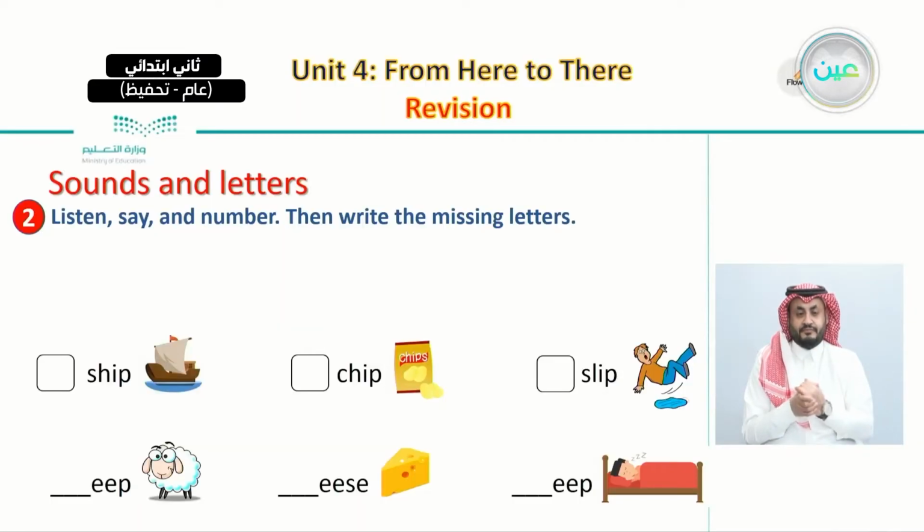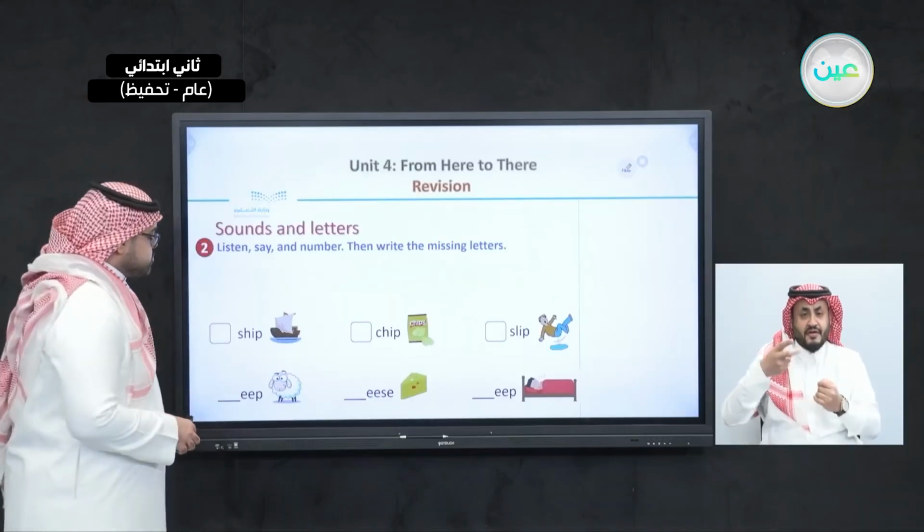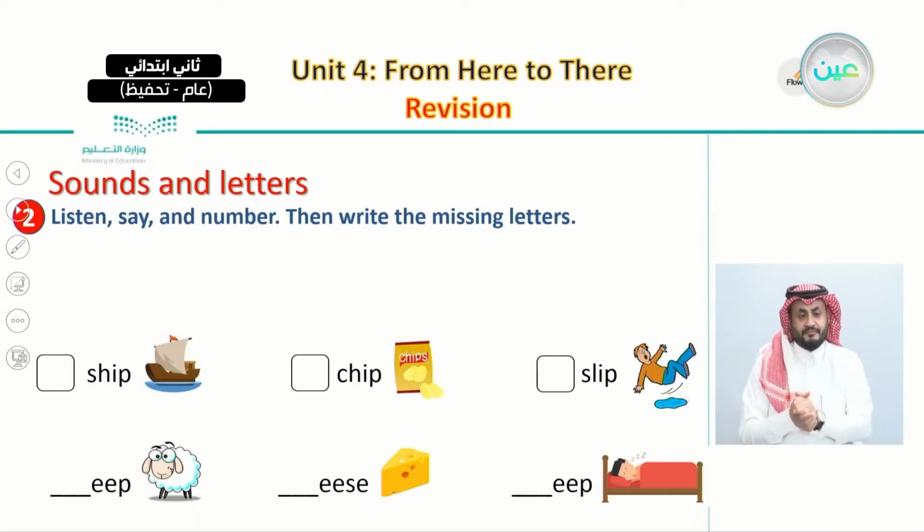Now, the second part we did is that we listened, said, and numbered those words, where we said that sometimes when we have these two letters, we pronounce them as sh. When we have S and H, it means sh, ship.